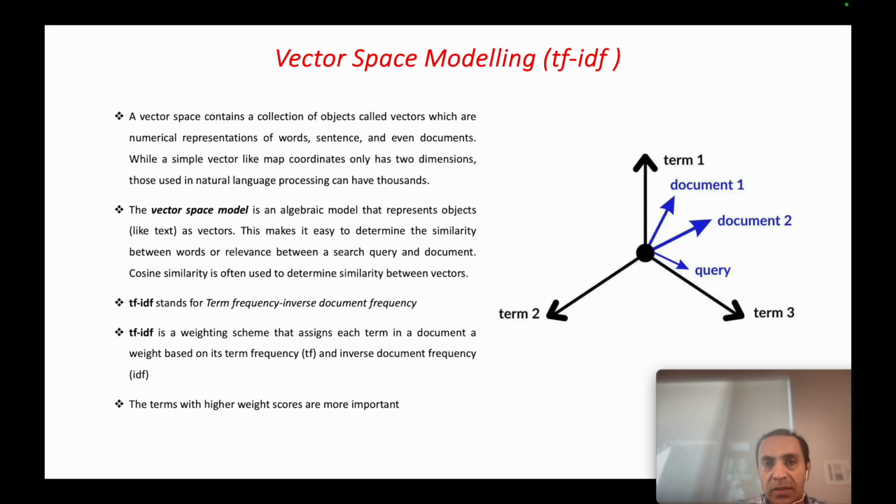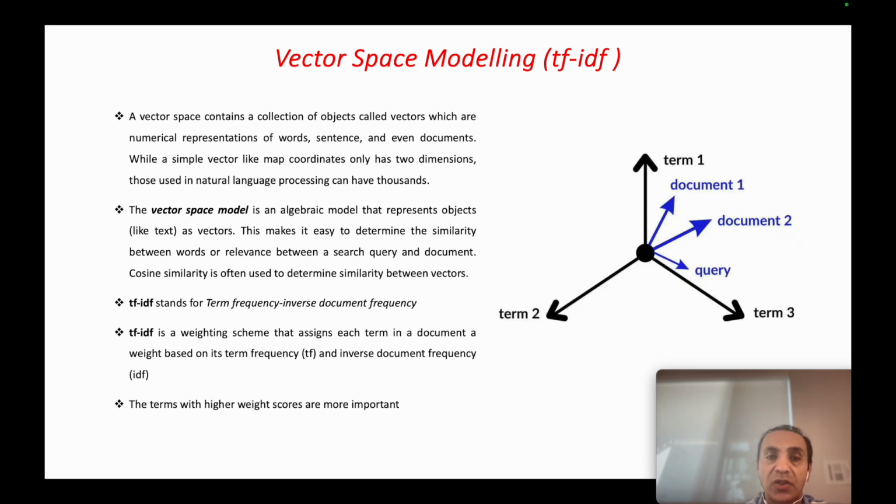So we discussed, mentioned vector space modeling, that is part of the SAX-VSM algorithm. Vector space modeling is also called TF-IDF. It's basically a vector space that contains a collection of objects called vectors, which are numerical representations of words, sentences, or even documents, while a simple vector like map coordinates only has two dimensions.